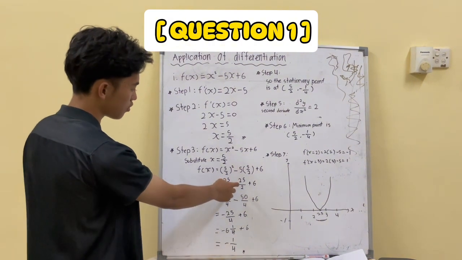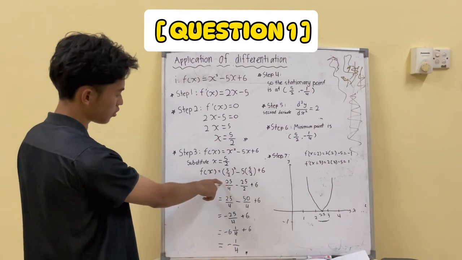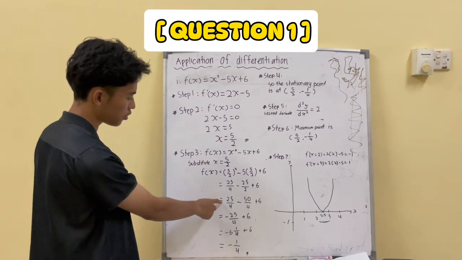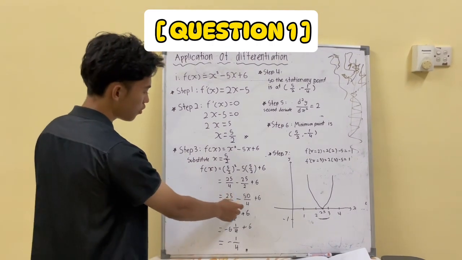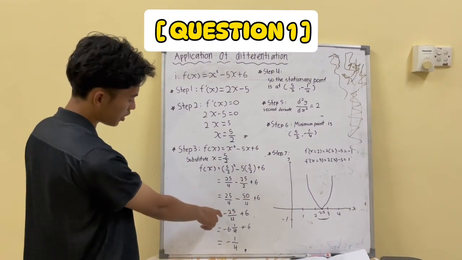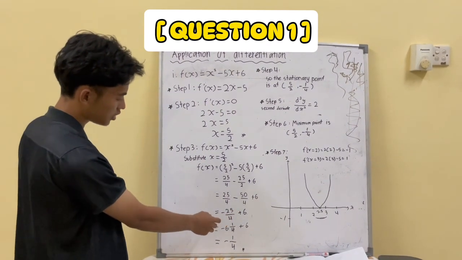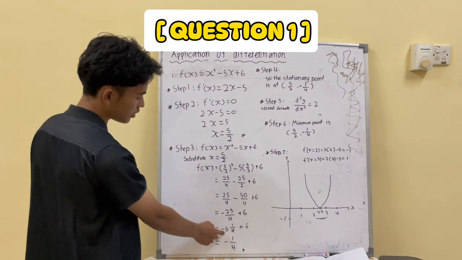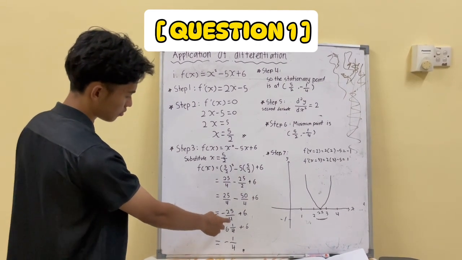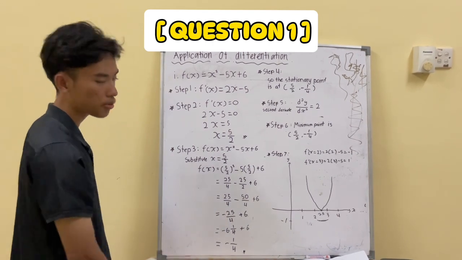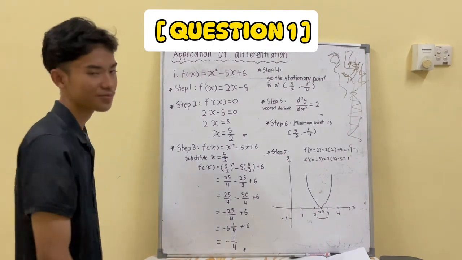Negative 25 over 2, we must make it the same denominator as 25 over 4. So we get 25 over 4 minus 50 over 4 plus 6. So we calculate, we get minus 25 over 4 plus 6. So we simplify, we get minus 25 over 4 plus 24 over 4. So we calculate, we get minus 1 over 4.